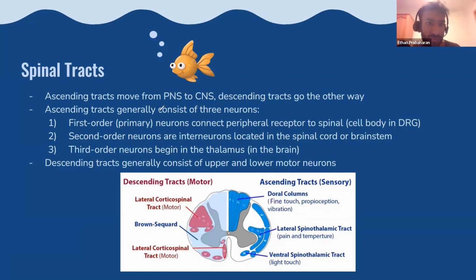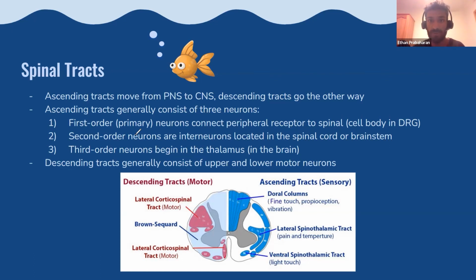So your primary neurons will connect the actual peripheral receptor to the spinal cord, and they're the ones that have their cell body in the dorsal root ganglion, right? Then, let's say someone hits you on the hand, receptors pick up that signal, they trigger a nerve, that nerve will come and enter the spine. That's your primary neuron.